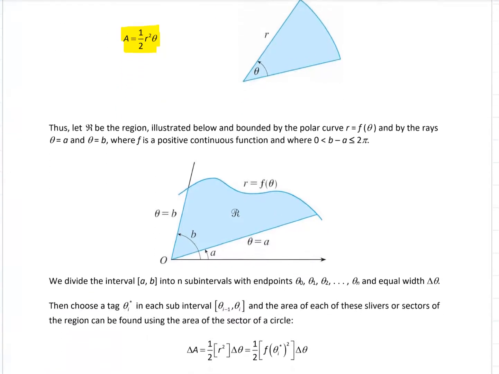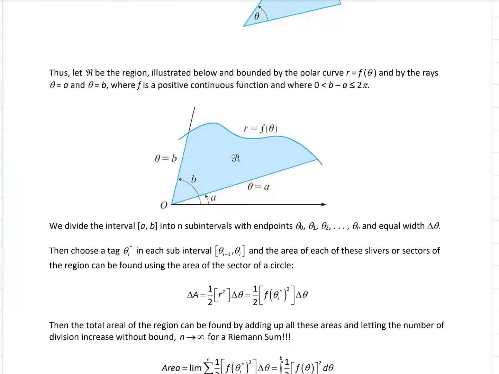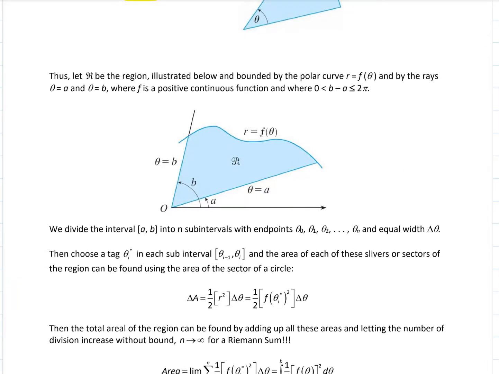And so if we had a region, let's just call this squiggly little region right here. This is our region that we want to figure out the area of in the polar coordinate system. That squiggly line right there is defined by r equals f of theta, and it is bounded by theta equals a and theta equals b.